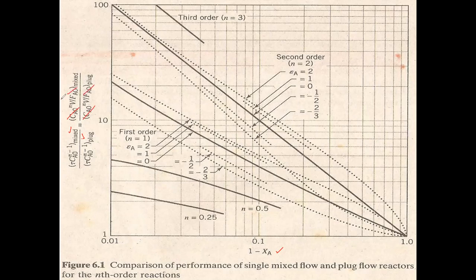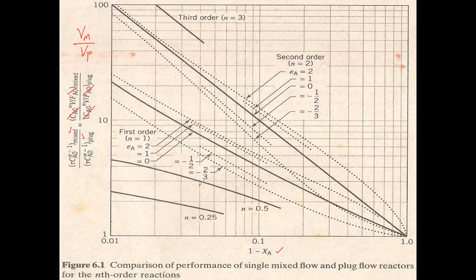So what is left in the ratio is just the volume of the mixed flow to the volume of the plug flow. So actually here on the vertical axis, you have the ratio of the volume for the mixed and the volume of the plug flow. This is what you have here. Given the conversion, you subtract it from 1, and you will use the value that you have in here.